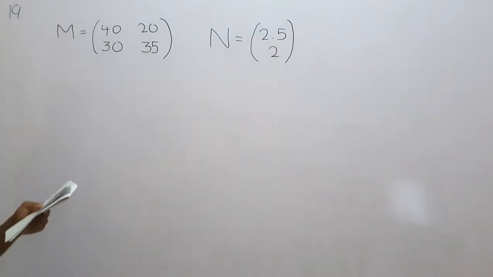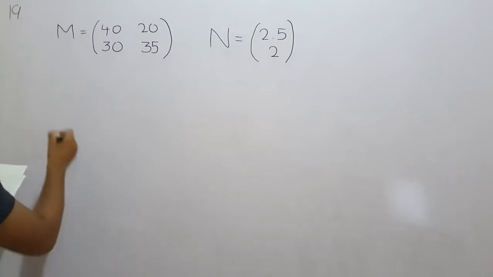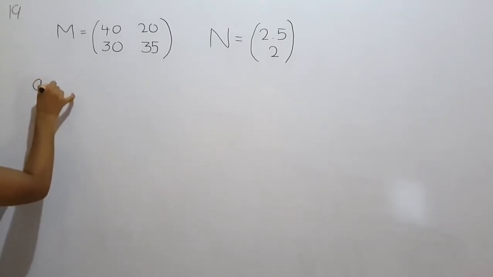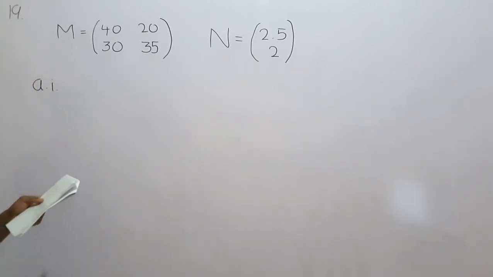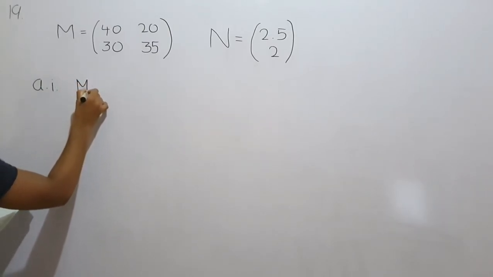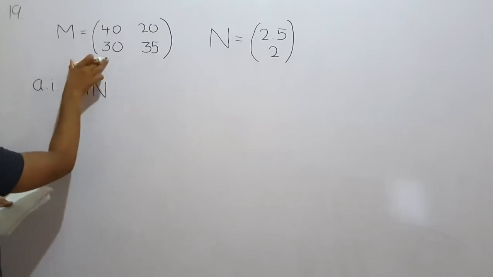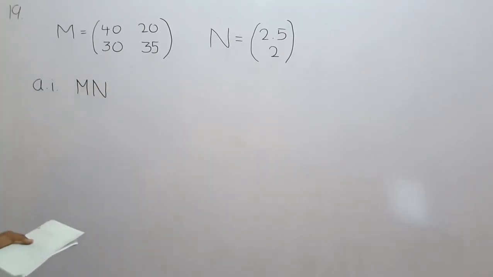So the next question they ask is part A, Roman numeral 1. Work out MN. So it is basically the multiplication of these two matrices.